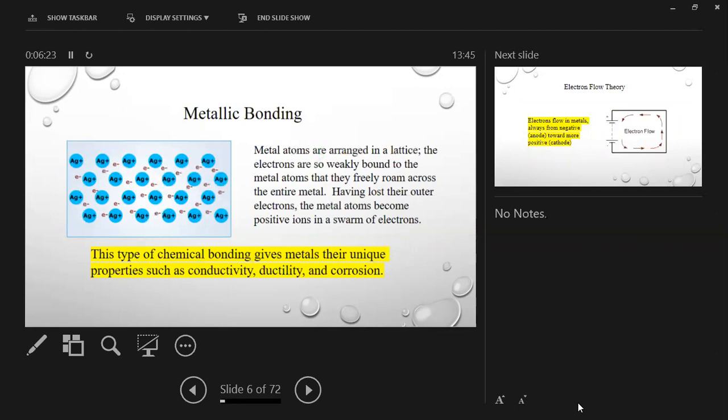Having lost their outer shell of electrons, the metal atoms become positive ions in a swarm of electrons. This type of chemical bonding gives metals their unique properties such as conductivity, ductility, and corrosion. The electrons in metals are very loosely held. That's why they will corrode, and that's why they conduct electricity.